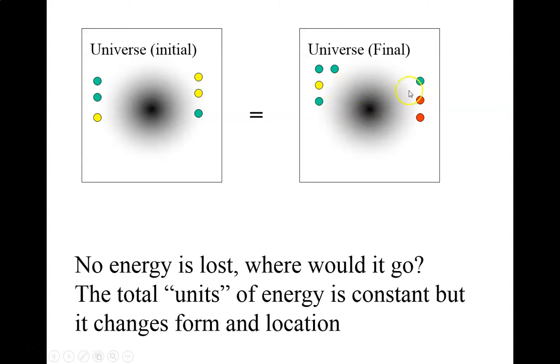We still have a total of 6 energy units. Actually, it looks like I gained an energy unit, didn't I? Ignore this one. We created energy. Anyway, we don't end up with any more or any less energy than we started with in the universe.